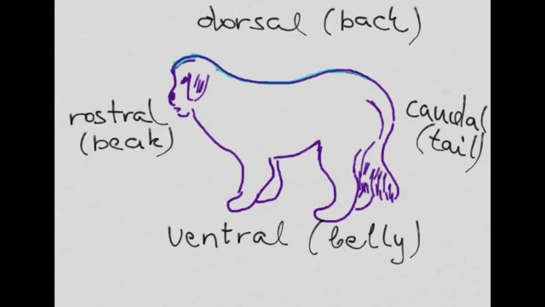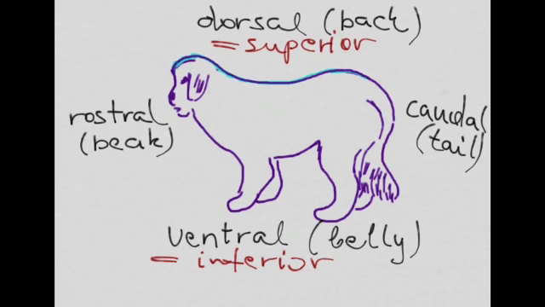So in this case, when he is on four legs, the dorsal would be equivalent to superior, ventral would be equivalent with inferior, rostral, anterior, and caudal, posterior.